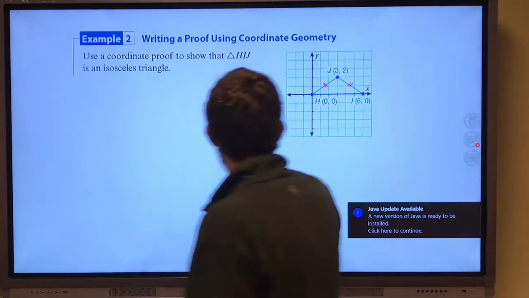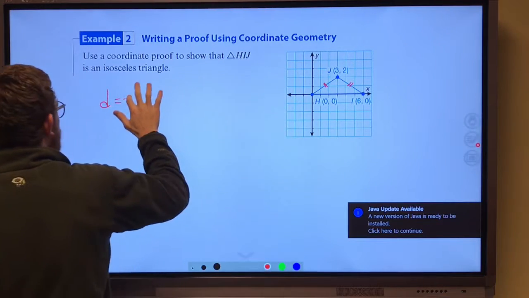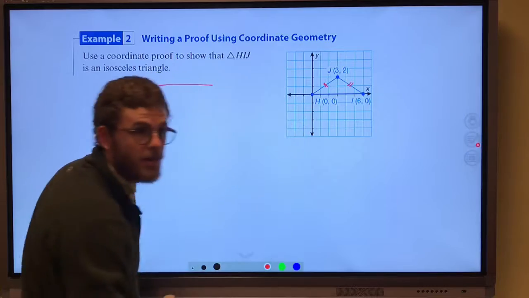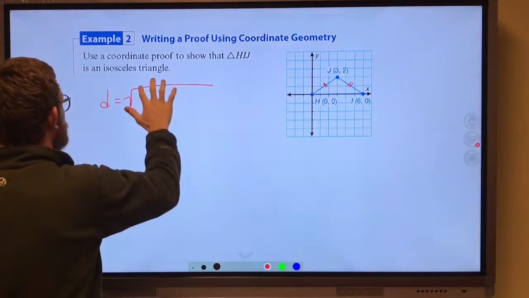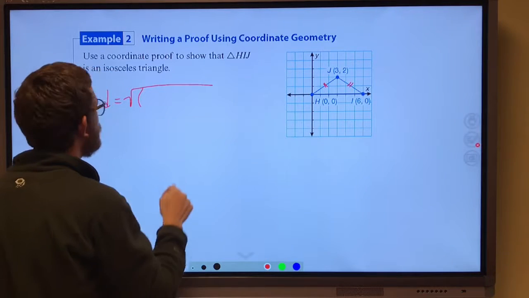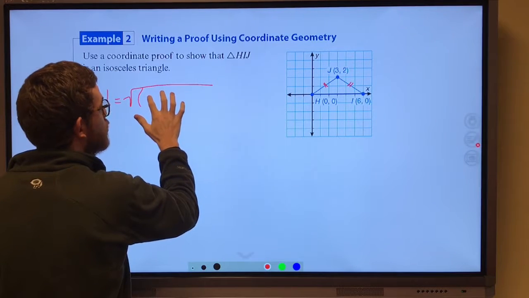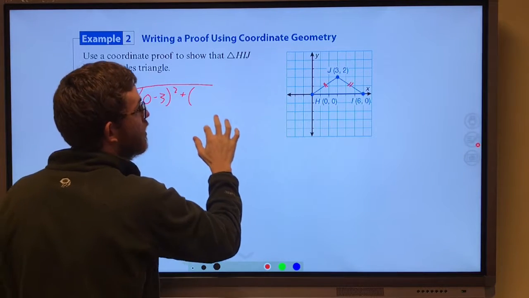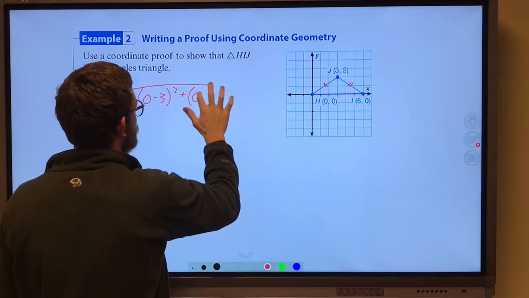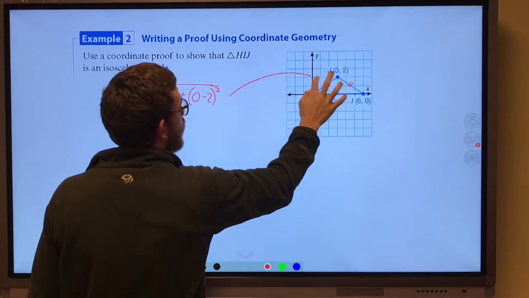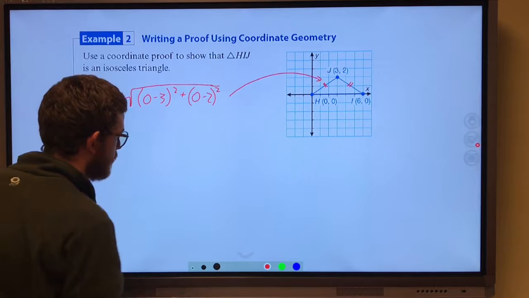So I'm going to calculate the distance between these 2 points and the distance between these 2 points over here. Of course, to calculate the distance, it is the difference in our x's squared plus the difference in our y squared. And so this is calculating that side length right there.